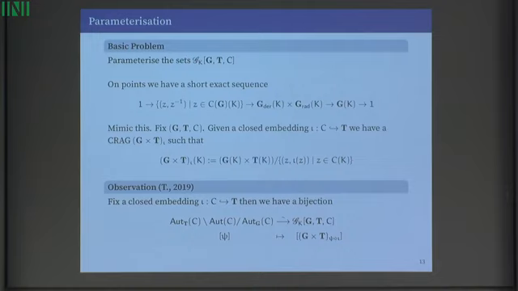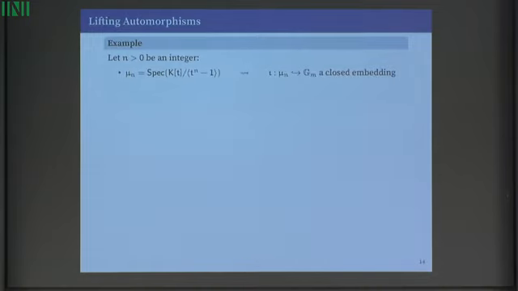So you're now asking, when does an automorphism of a finite group lift to an automorphism of a torus? Okay, so let's just do an example. If n is an integer, let's take mu n. Think of this as a cyclic group of order n, and you fix a closed embedding into the multiplicative group of the field.